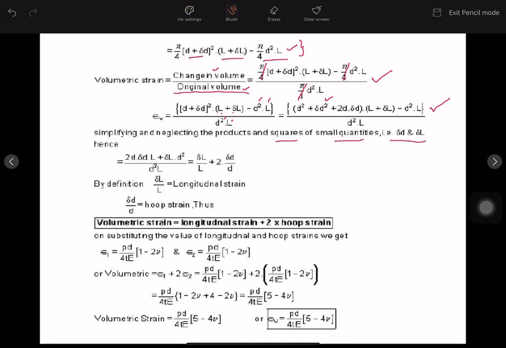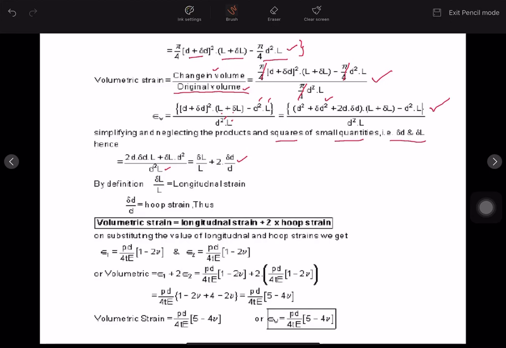So ultimately we'll get an equation of 2D into delta D into L plus delta L into d square by d square L. So if you separate these terms, ultimately you'll get delta L by L plus 2 into delta d by d.